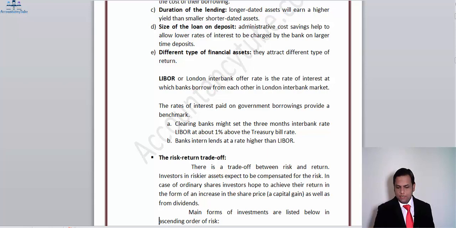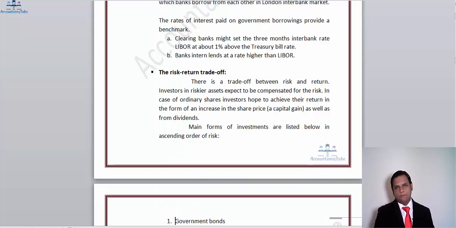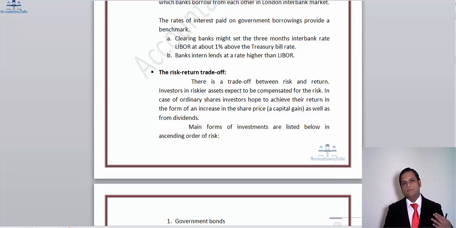Then a bank in turn lends at a rate higher than the LIBOR. It's obvious that it will keep a profit margin for that. If the bank is borrowing from another bank and lending it to a customer, it means that the cost of borrowing has increased for it, and now it will charge more. For example, if the central bank minimum rate is 6%, the bank that has borrowed the funds for lending purposes will require a return of 7%.